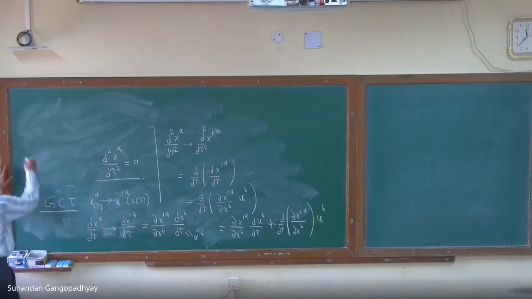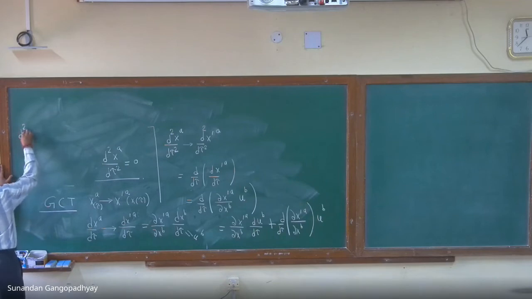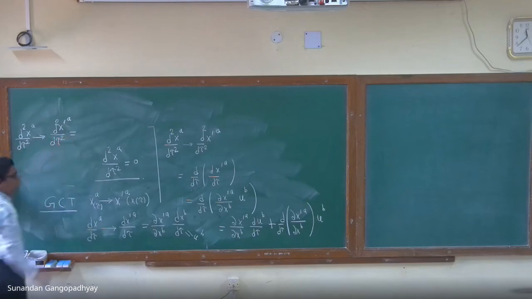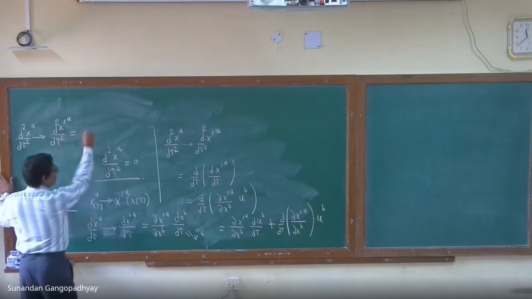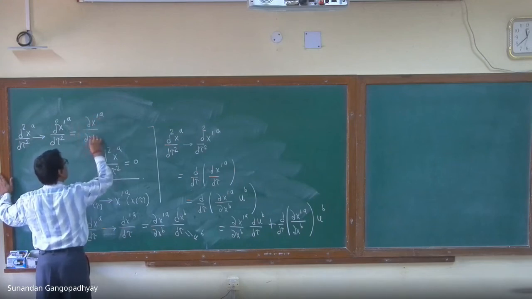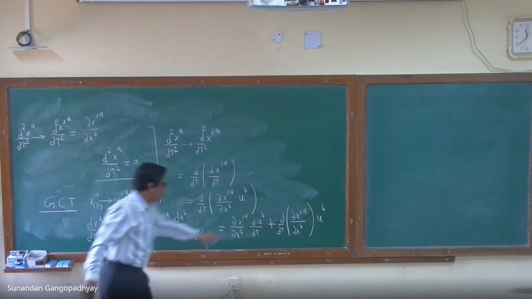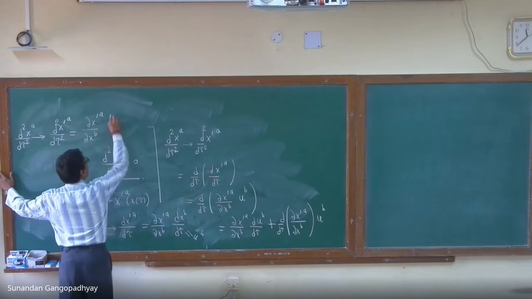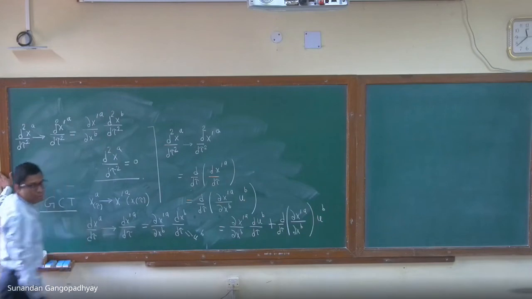And therefore, d^2 x^a/d tau^2 under GCT goes to d^2 x'^a/d tau^2, equal to the first term, del x prime a, del x b, times u^b, which is d^2 x^b/d tau^2.